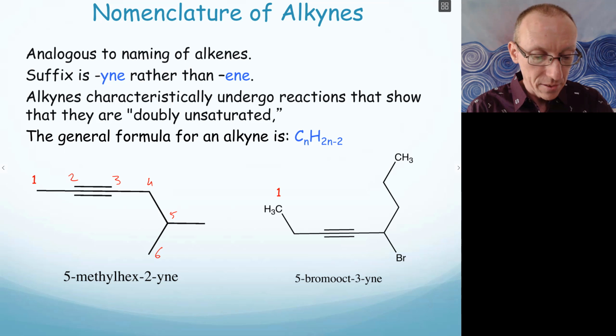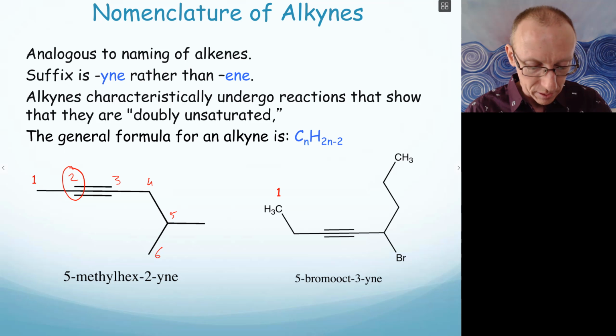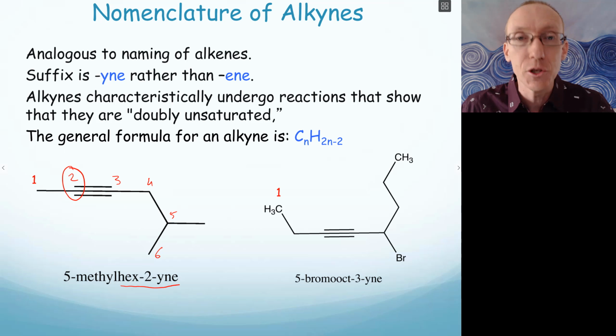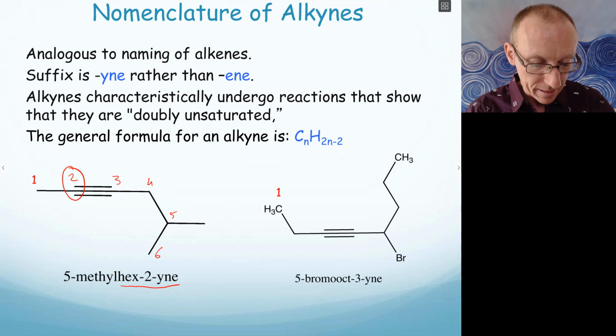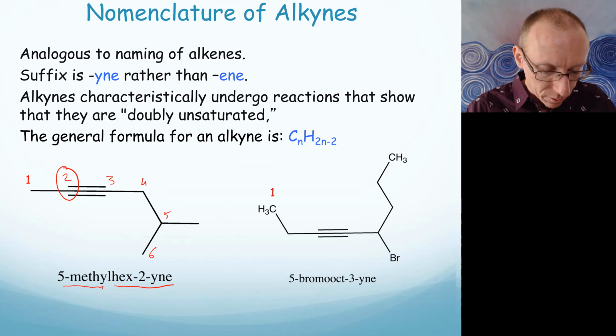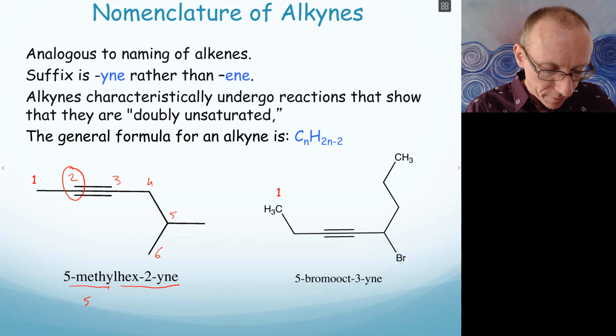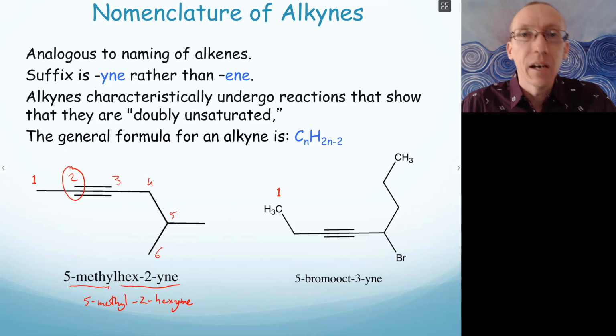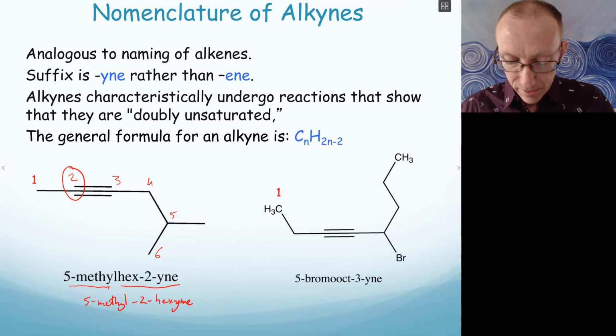The triple bond starts at the 2 position, so it's a hex-2-yne or a 2-hexyne, and it has a methyl at the 5 position, so it's 5-methylhex-2-yne. And you'll often see this also written as 5-methyl-2-hexyne, which I actually prefer, but you'll see both ways of naming these things.